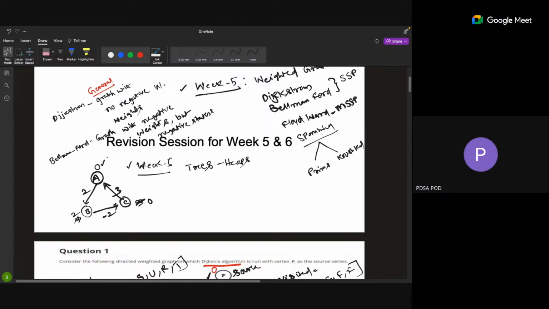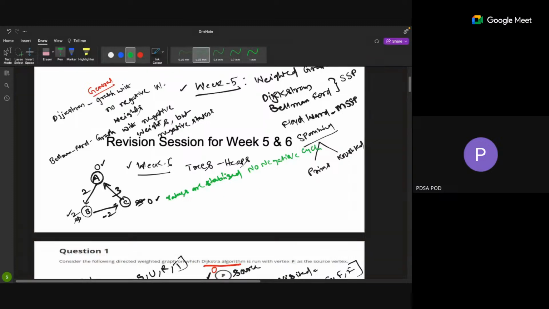So the values are stabilized, which means no negative cycle. Negative weights are there, but a negative cycle is not there.